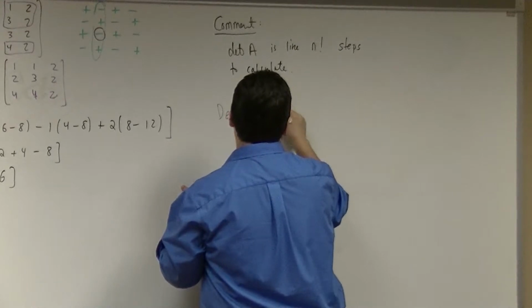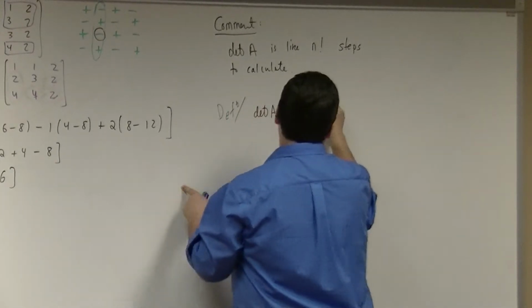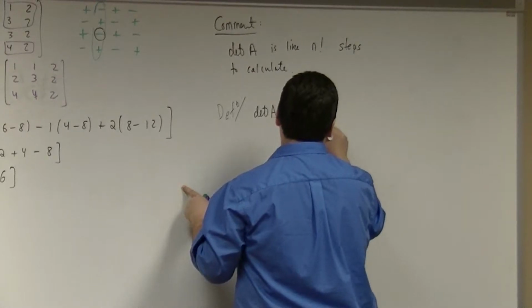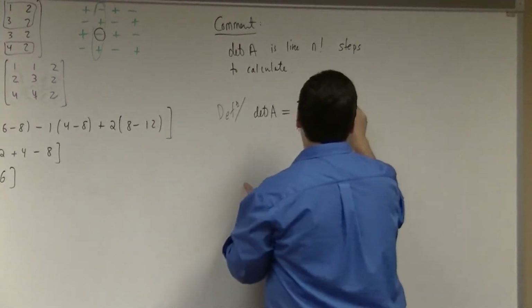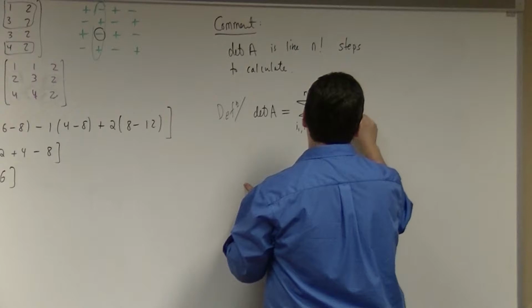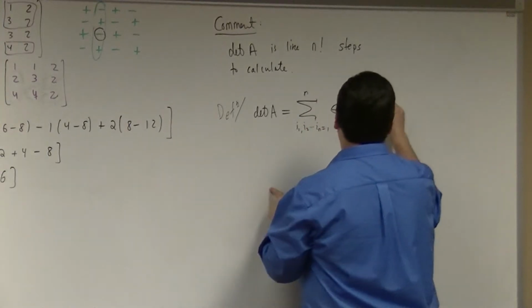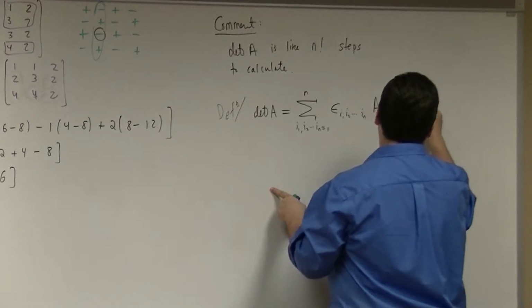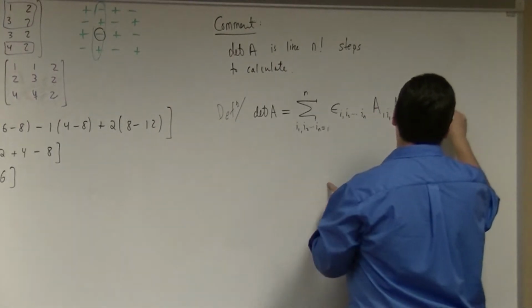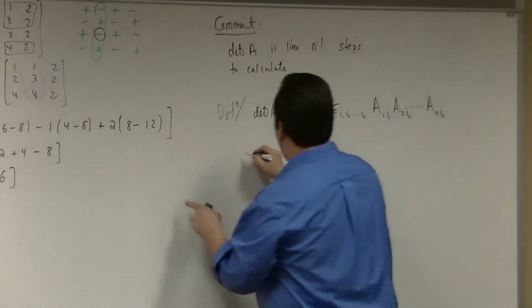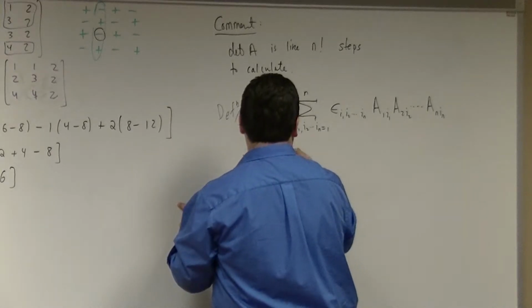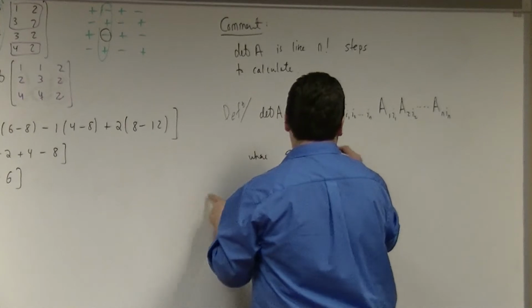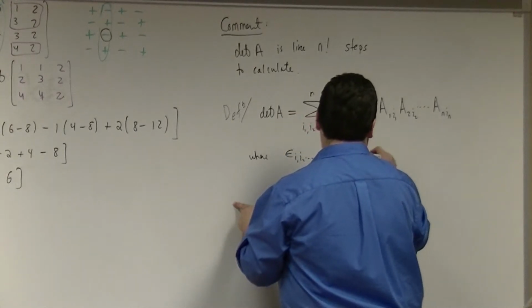The determinant of A is equal to a sum over i1, i2, ..., in equals 1 to n of epsilon i1, i2, ..., in times a1,i1 a2,i2 ... an,in, where epsilon i1, i2, ..., in is completely antisymmetric.